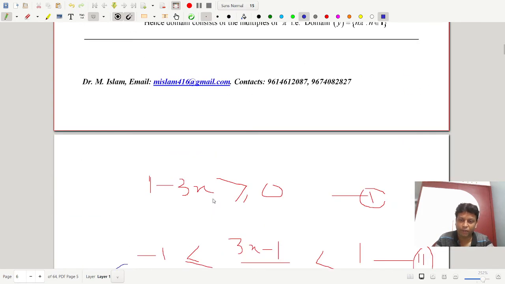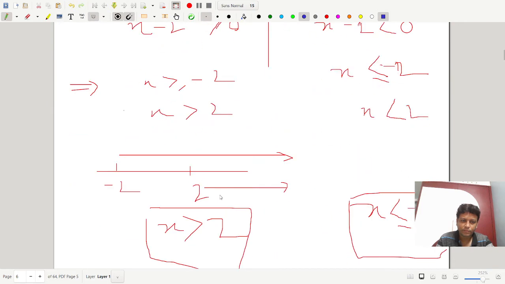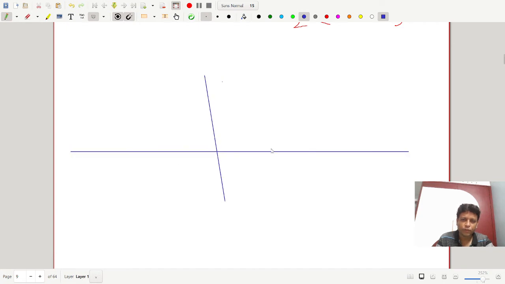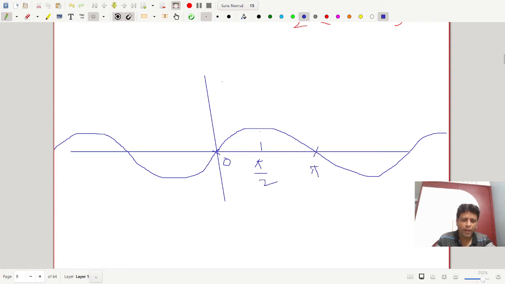Let's draw the diagram for sin x. If you draw the axis, let's draw the sin x curve. This is the sin x curve. This is origin. This is pi by 2. Sin pi by 2 is 1. This is pi. Sin pi is 0. This is 3 pi by 2. It is minus 1.